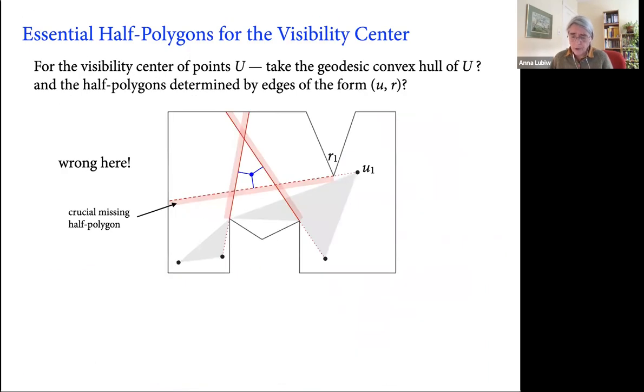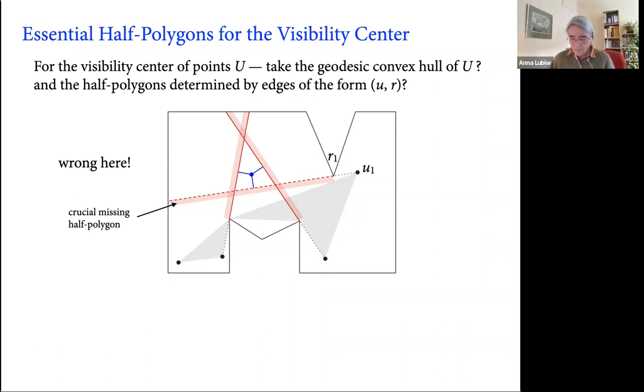And here's our example. So I have just 4 points, and I would like to have the visibility center of those 4 points. And this is the visibility center here. I travel from this point just this little blue distance to see this guy. I travel the same blue distance to see U1 and the same distance to see this one, right?